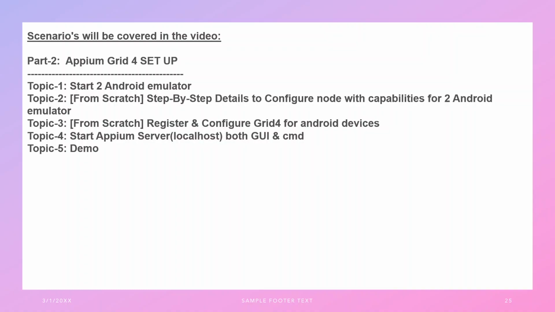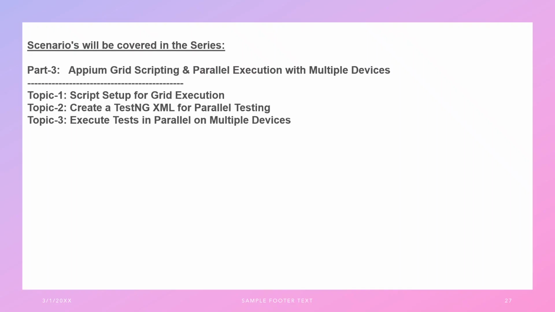In this case we created the capabilities considering two Android emulators. So we have gone through these steps. In part 3 we will see how you can use that particular node toml file and how we can do the parallel execution.